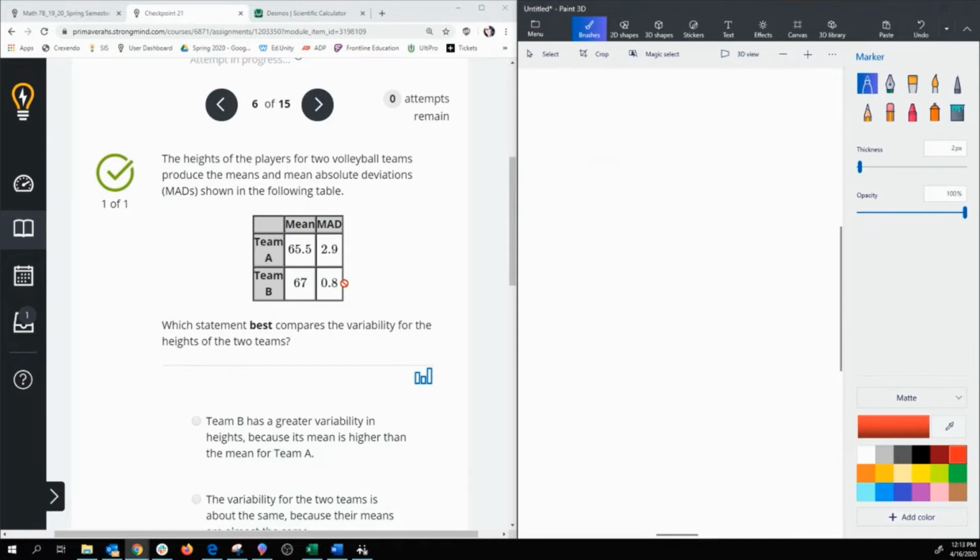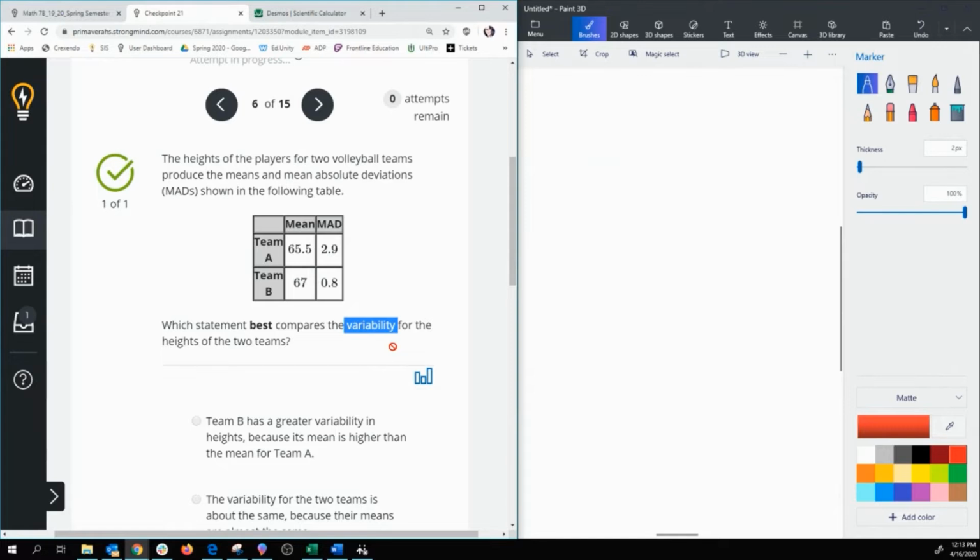Okay, so the heights of players for 2 volleyball teams produce the means and mean absolute deviations shown in the following table. Which statement best compares the variability for the heights of the 2 teams? So this question is asking about variability, again, like that one we did before.